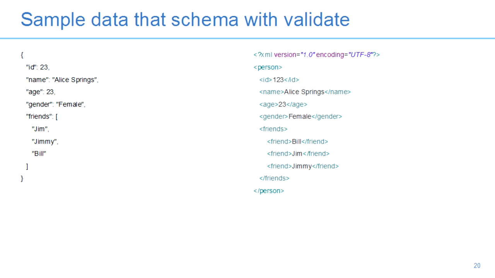Now, the reason we had to provide an XML name person is because you can't have just ID, name, age, gender, friends as part of an XML document. The XML document has to have a root element, whereas in the JSON document, basically the object is the root element. So you have to define what the root element is for your XML, and this is just calling it person.